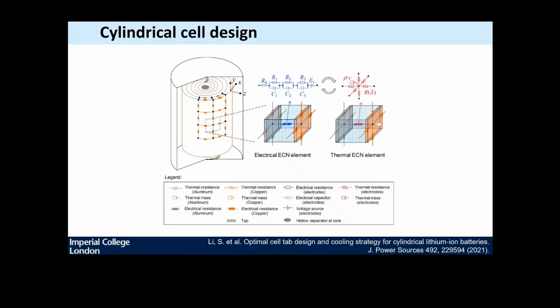I'm just going to start where Greg finished. He showed you how these types of models, where we have an equivalent circuit network and the thermal model, and we couple them together, are mostly focused on modeling the behavior of the active material, so the things that make the battery a battery, that deliver energy.